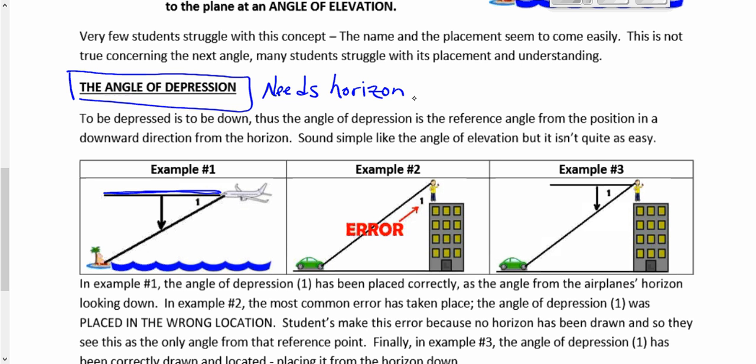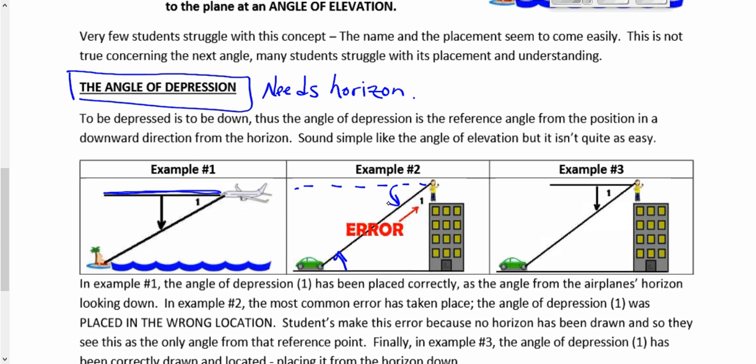okay? So for example, here's a mistake, right? You see the car? This would be, right here, would be what angle? Angle of elevation. Is this the angle of depression right here, this angle 1? No, why not? What does it not have? It would need this.